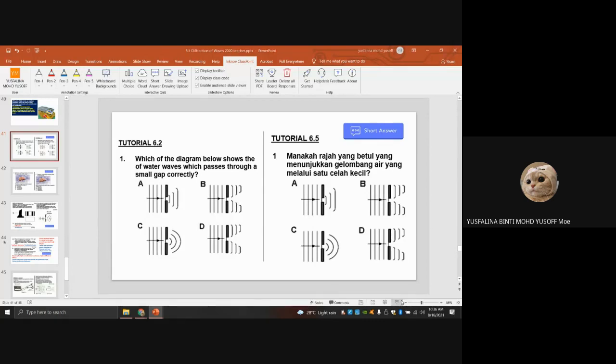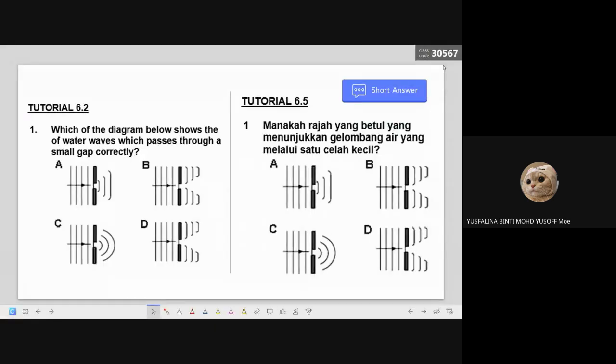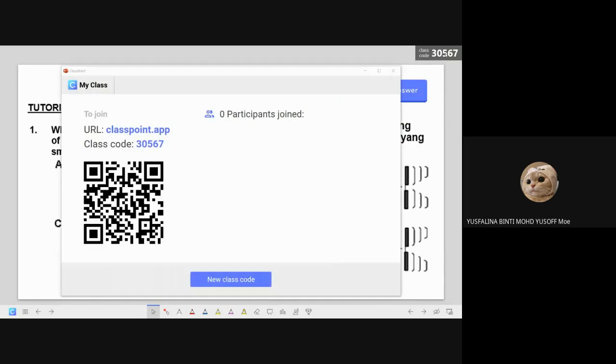Okay, try to change to this code. Is it the same?